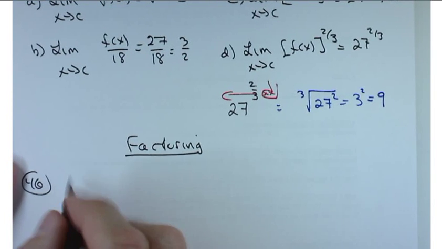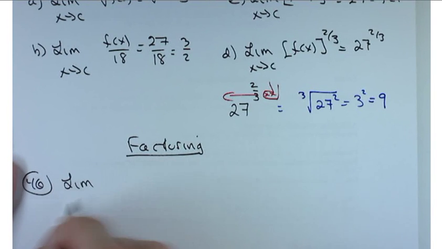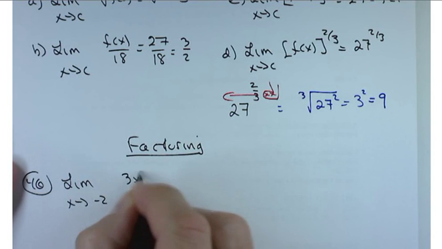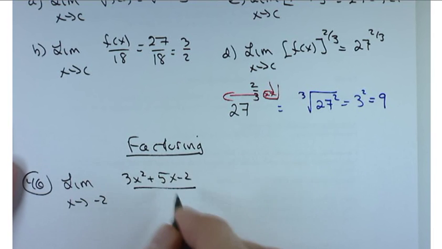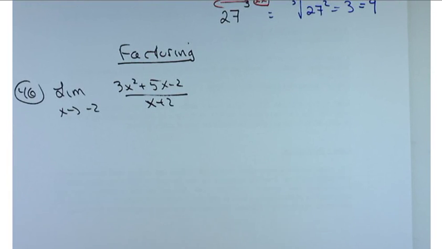Problem number 46. The limit as x approaches negative 2 of 3x squared plus 5x minus 2 over x plus 2. Now, if you're like me, when I was a student, I was terrible at factoring these things.